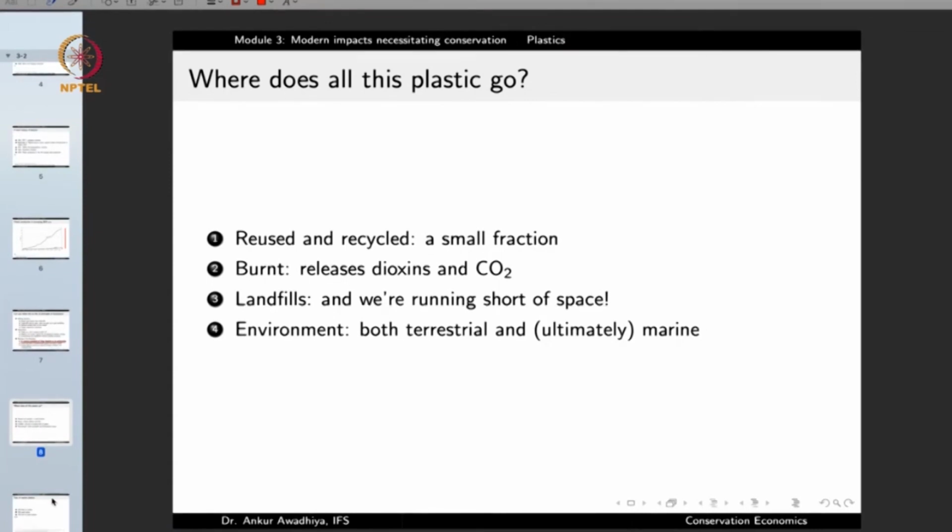Well, some of the plastics are burnt. Burning is an important method that is used in waste management, because once you burn something, you convert a fraction of it into gases that get released into the atmosphere, and some portion that remains is of a smaller size and so can be handled easily.